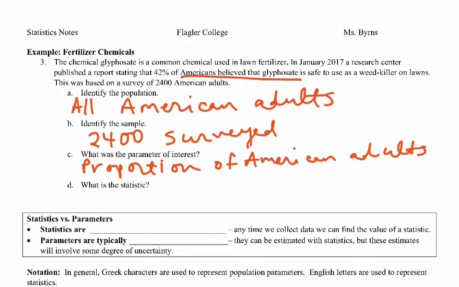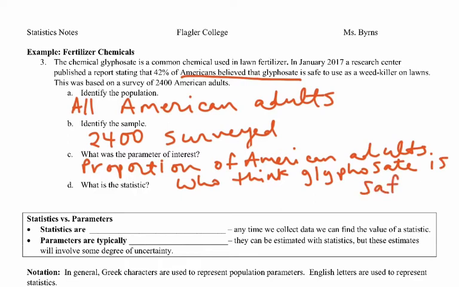So the proportion of American adults who believe this chemical, glyphosate, is safe to use on their lawns. They're interested in gaining an opinion of what people think. And so what proportion or what percentage, you're going to hear that word a lot, so get used to it. The percentage or proportion of American adults who think glyphosate is safe.